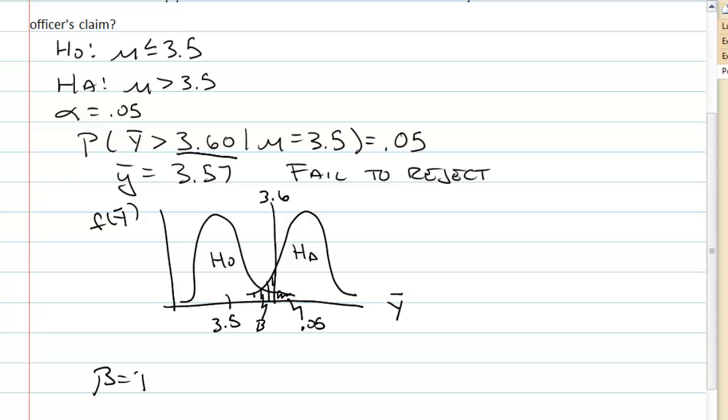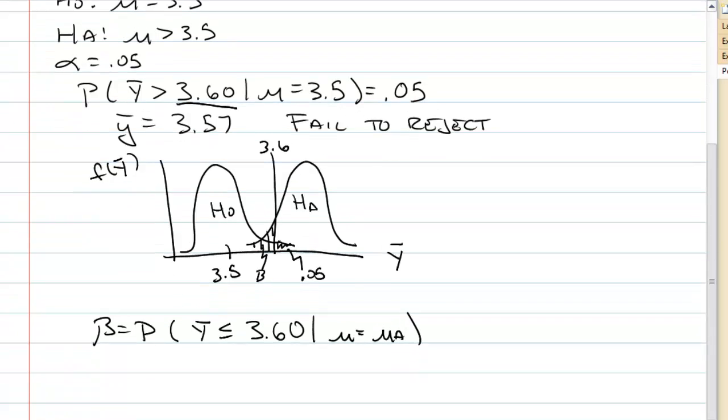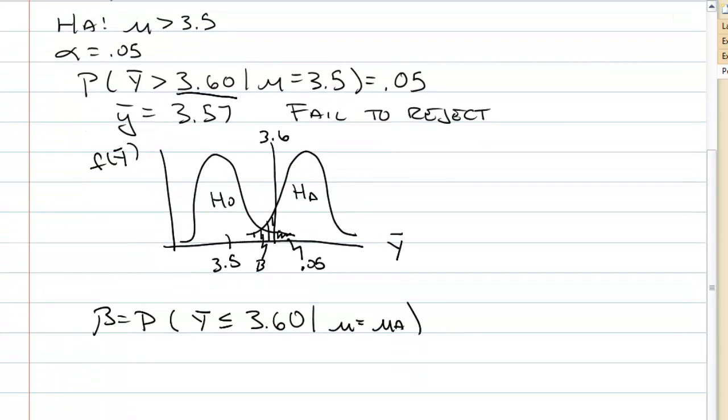Beta is the probability that we fail to reject given that the alternative is true. What makes this calculation difficult is what is that value for the alternative?